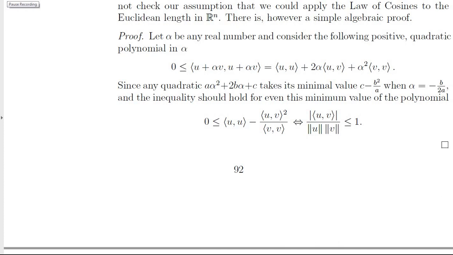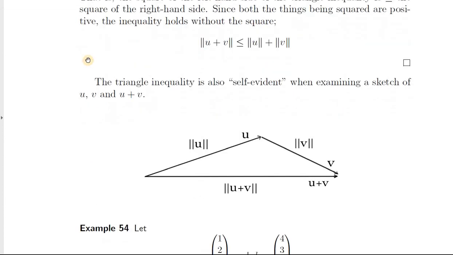Now, one more mathematical fact we want to prove concerning inner products is expressed in this diagram here. Remember, we're using the inner product to define a notion of length. If you have two vectors in a relation like this, the length of u should be the length of this line, and the length of v should be the length of this line. And u plus v, we know that the vectors are added head to tail like this.